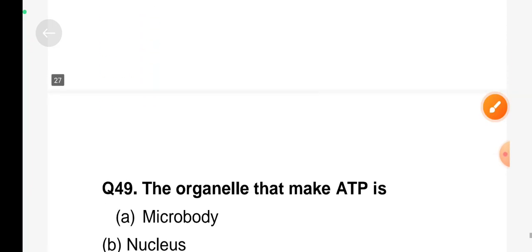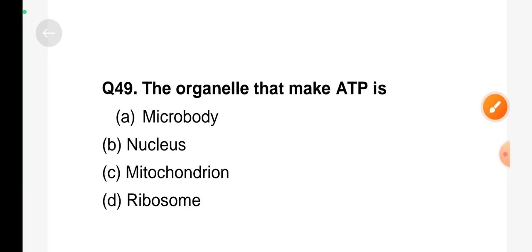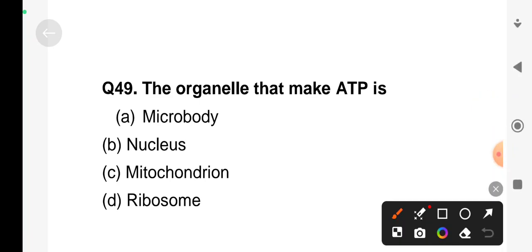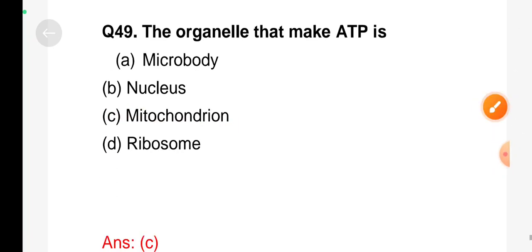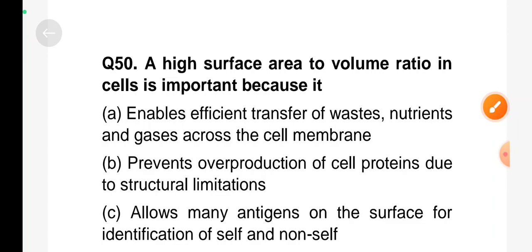Next question. The organelle that makes ATP is option A microbody, option B nucleus, option C mitochondrion, option D ribosome. Right answer is option C, mitochondrion. A high surface area to volume ratio in cells is important because it, option A, enables efficient transfer of waste, nutrients and gases across the cell membrane.